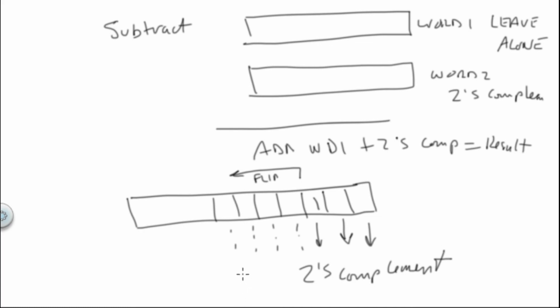Okay, so how do you physically do this? Well, you set a bit to off. So I do a reset to the bit called flip. Then I move the bit word.x0 over to 2's.